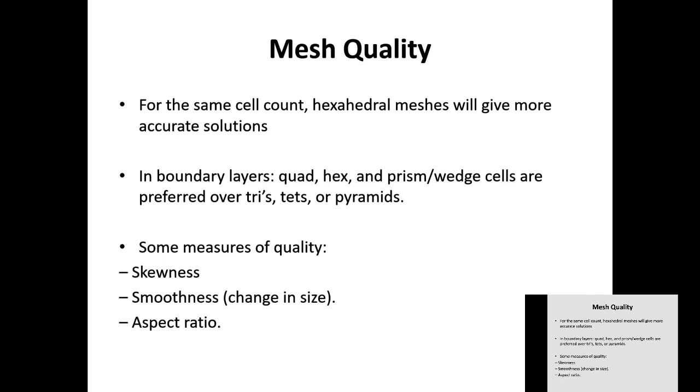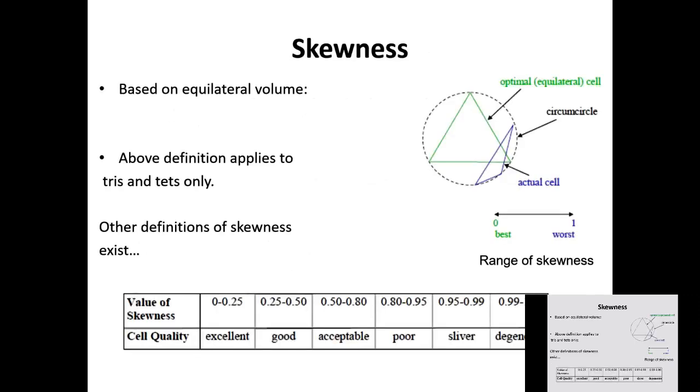And you will look at some parameters of mesh quality: skewness, smoothness, and aspect ratio. So we'll quickly look at what they are. Skewness is how out of shape your cell is.